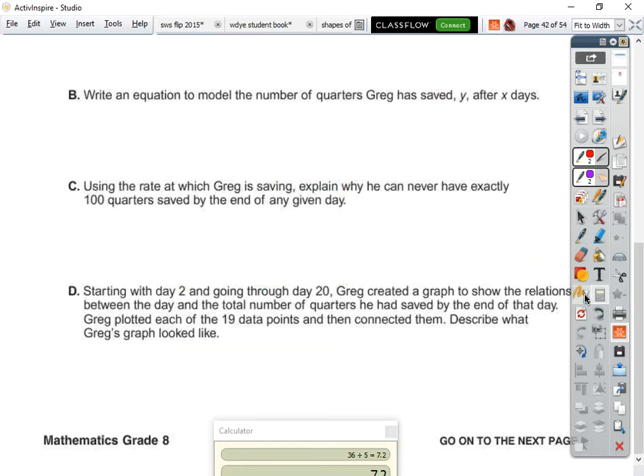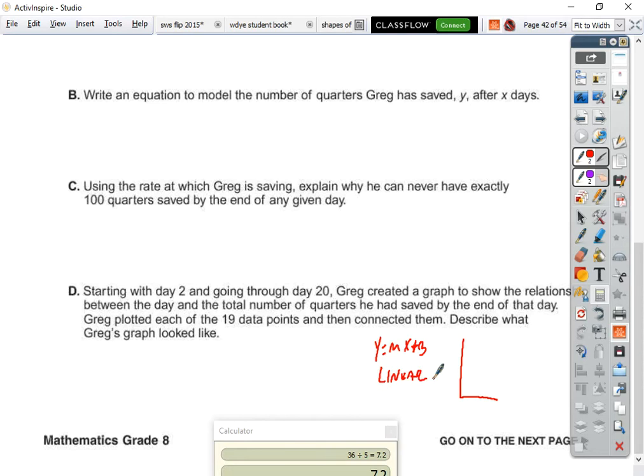All right, D. Starting with day 2 and going through day 20, Greg created a graph to show the relationship between the day and the total number of quarters he had saved at the end of that day. Greg plotted each of the 19 data points and then connected them to describe what it looked like. Well, we know we have a y equals mx plus b relationship. You know this is a linear relationship.